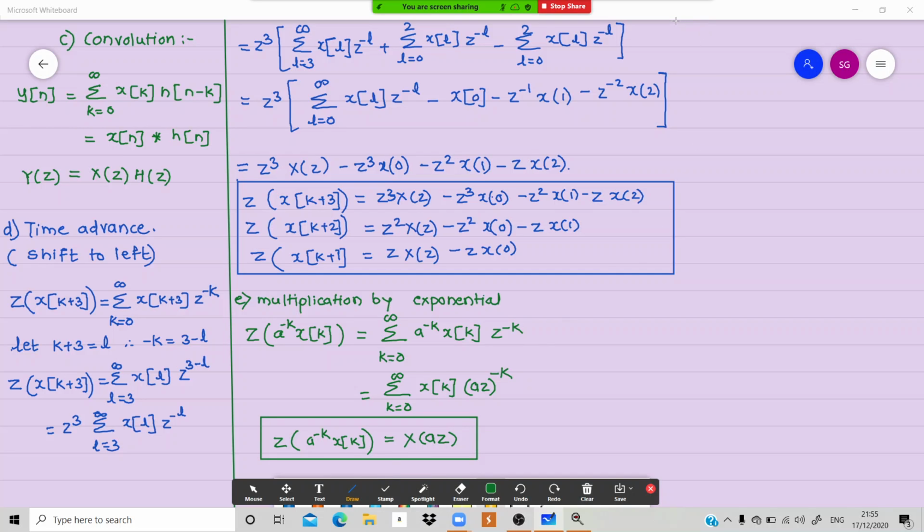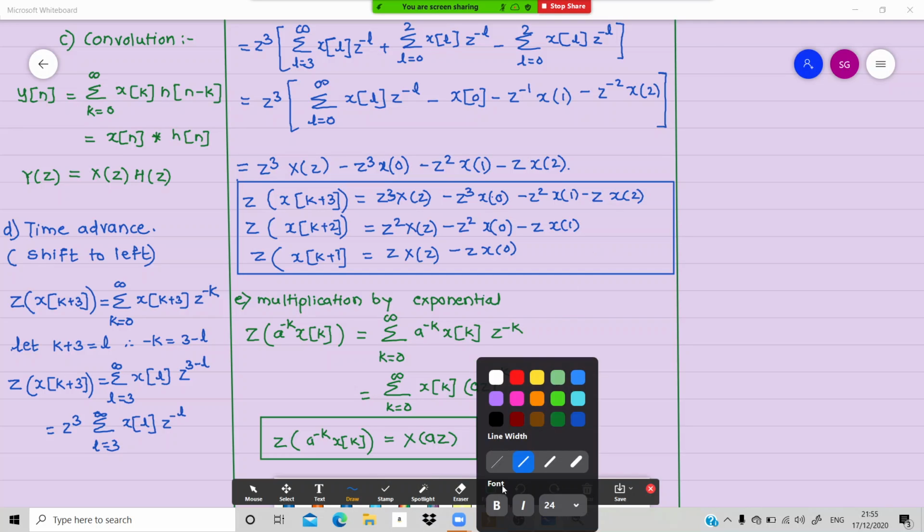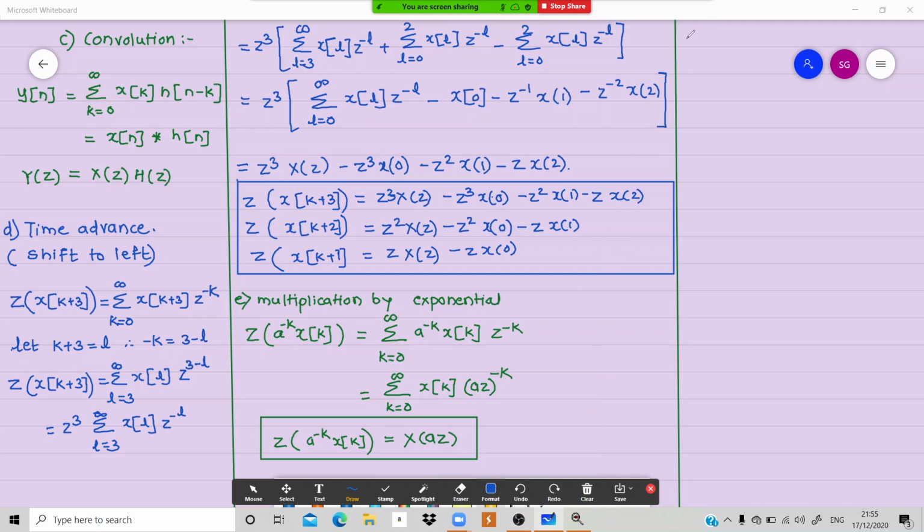Yeah, we'll do 2 more and we'll stop. Now I'll write F, the sixth one. That is differentiation. Differentiation property.